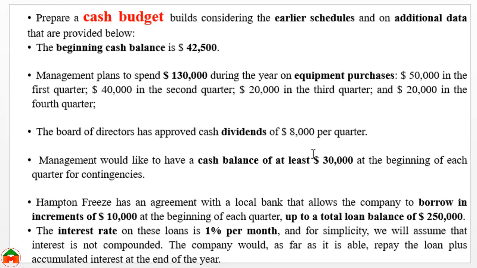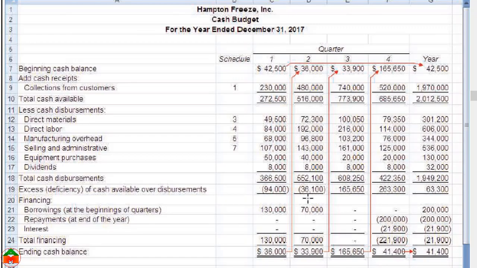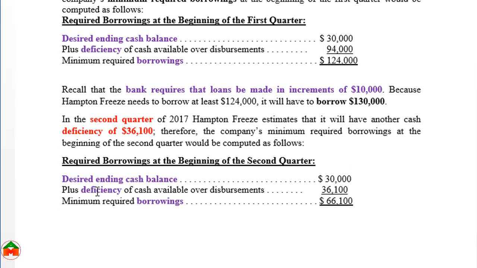36,100, and according to the company policy, they are interested to keep a minimum cash balance of 30,000. For maintaining this cash balance, the company needs to borrow. They have a deficiency of 36,100 and they are interested to keep a minimum cash balance of 30,000. That means they have a deficiency of 36,100 and a minimum desired ending cash balance of 30,000.